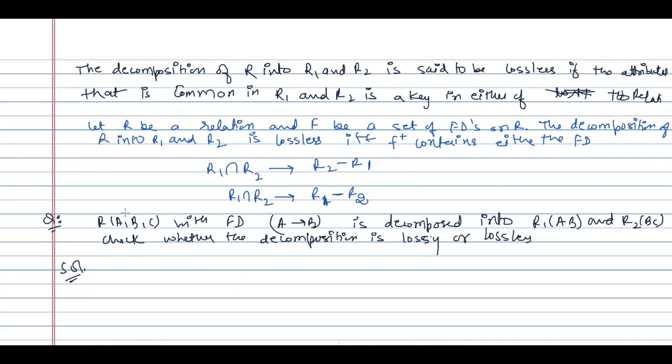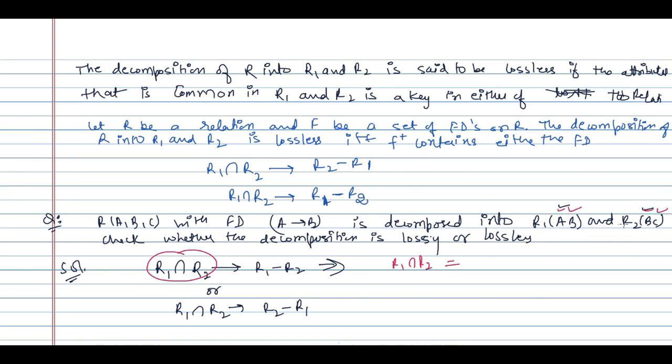So R1 and R2 are the two relations. R1 has AB and R2 has BC. If R1 intersection R2 determines R1 minus R2, or if R1 intersection R2 determines R2 minus R1, then the decomposition is lossless. In the first case, R1 contains attributes A and B, and R2 contains attributes B and C. So what is R1 intersection R2?